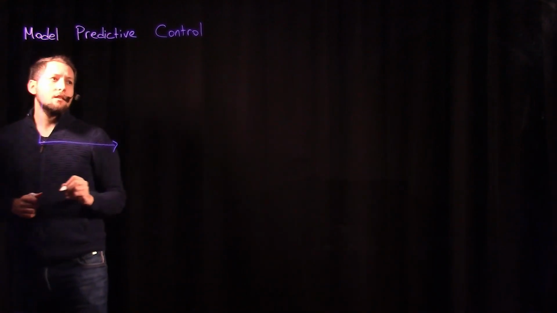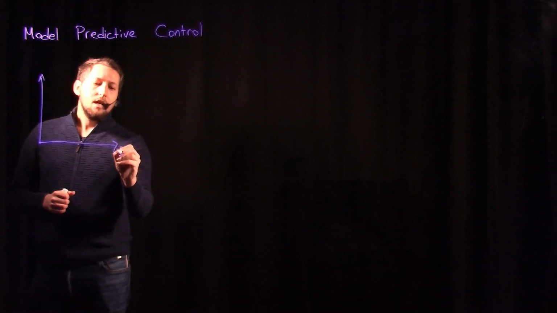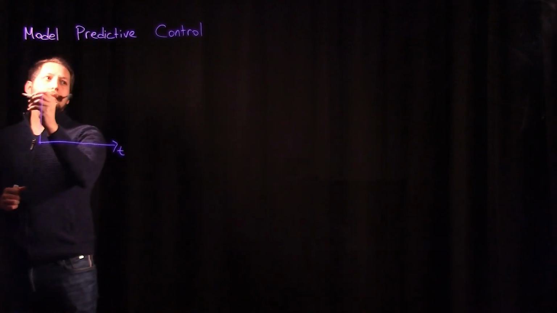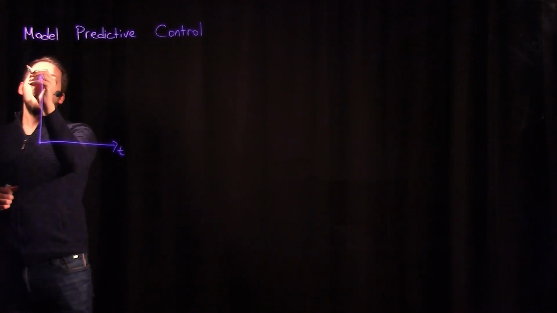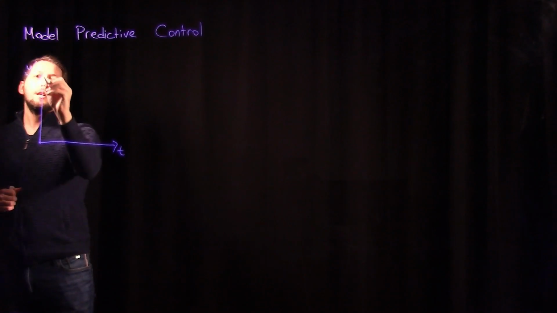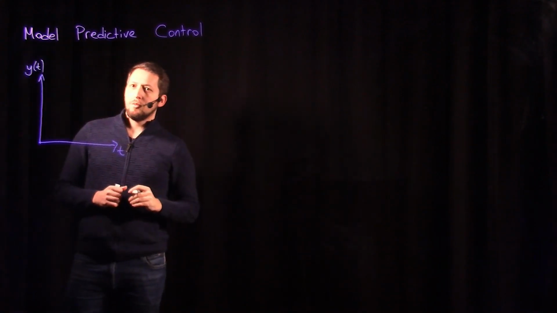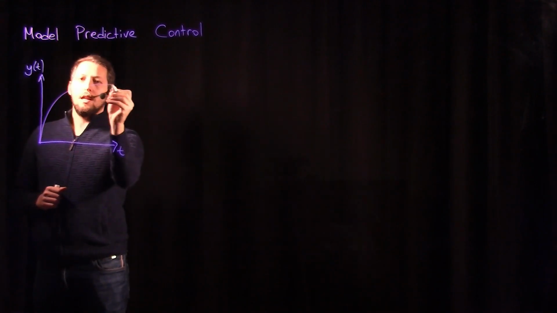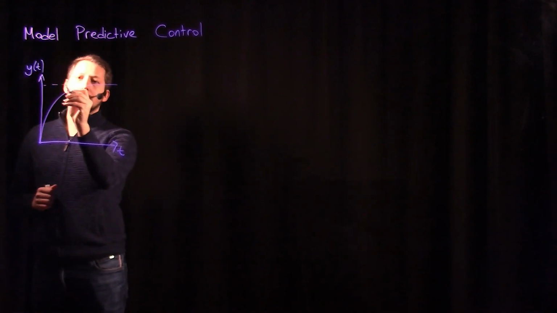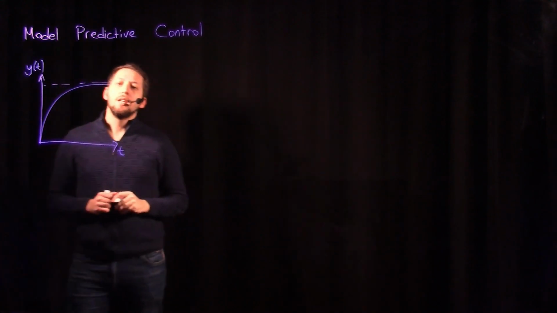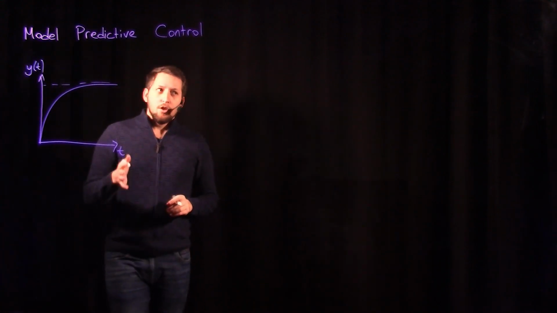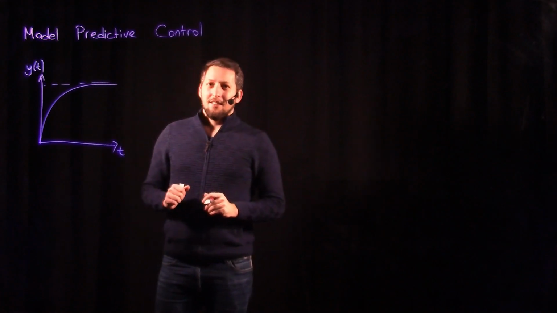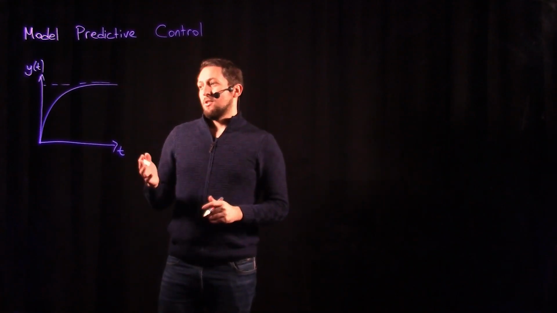Let's assume that this is our diagram, this is the time domain, and this is, let me say, the output of our system. After designing an optimal control law, we were expecting such a system result, let's say. And this can be the reference signal here. But most probably, you're not going to get such a result due to several reasons.